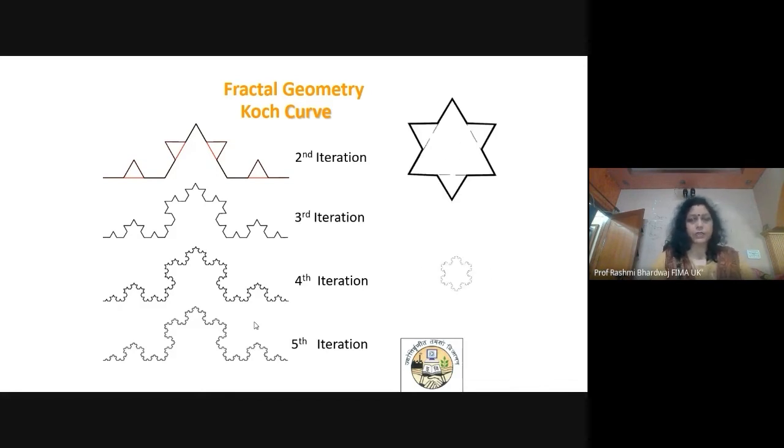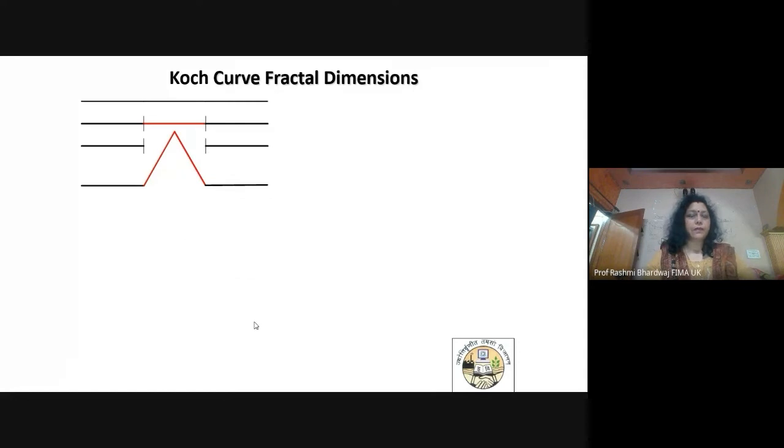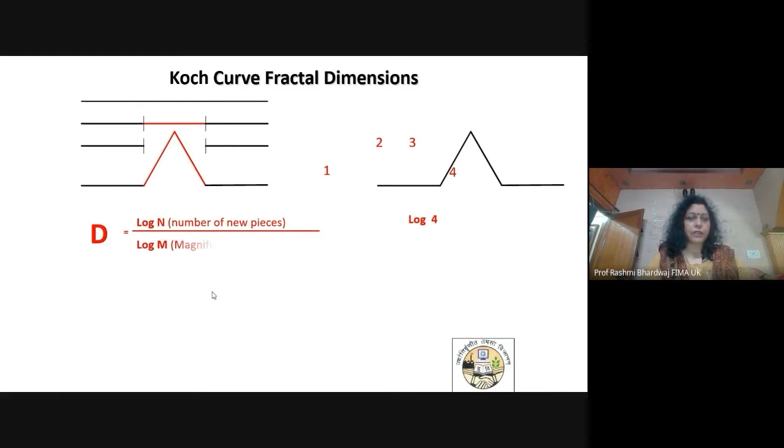The easy way of finding it is the log of the number of new pieces divided by the log of the number of the initial pieces. New pieces is 1, 2, 3, and 4, and the original pieces is 1, 2, and 3.